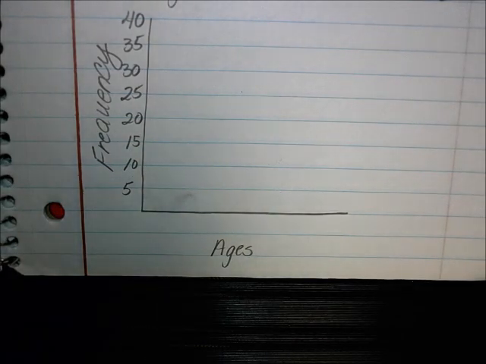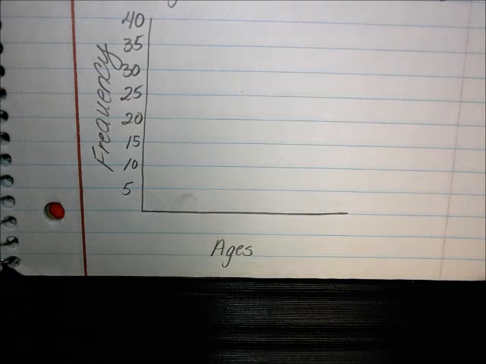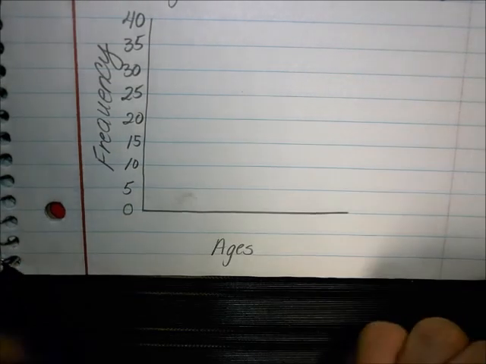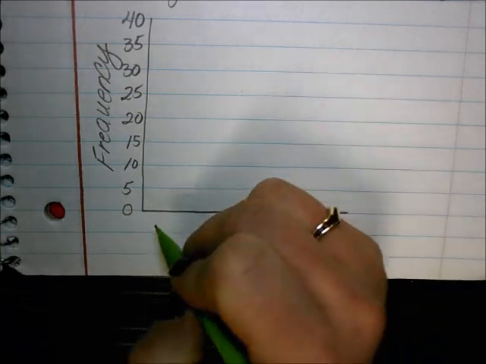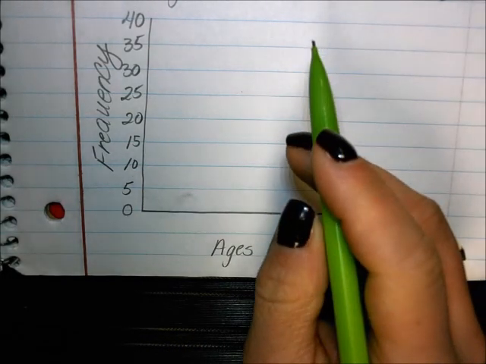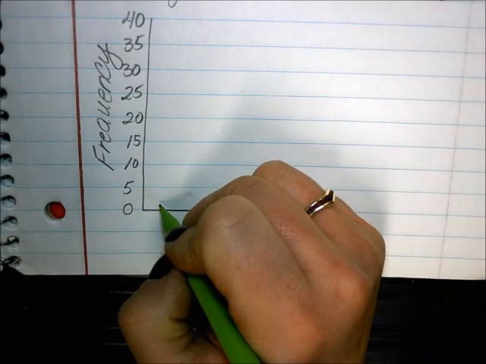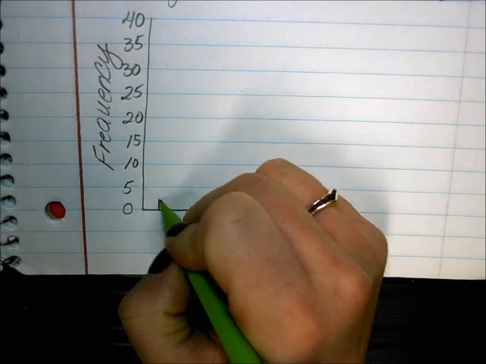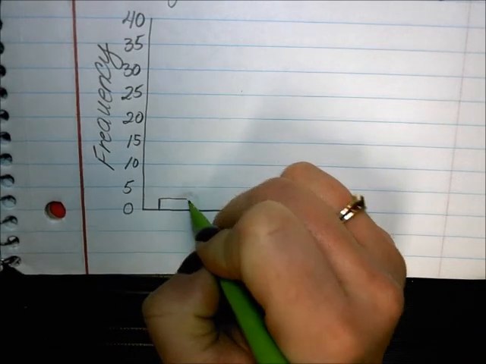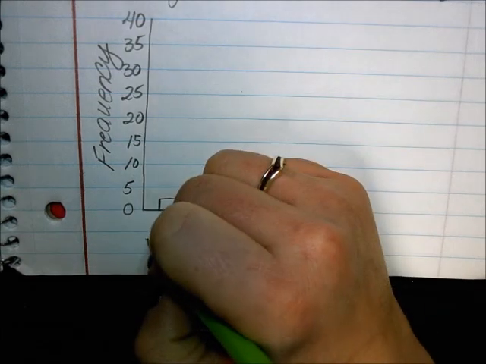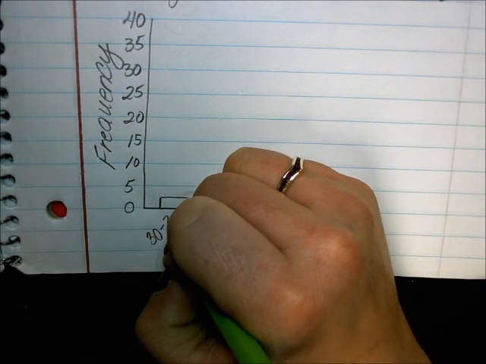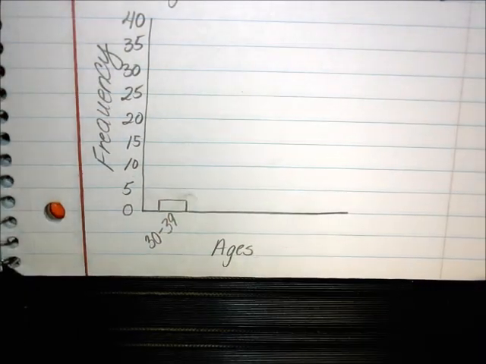Because remember, not only do the intervals have to be the same width, but so do the bars, because that's what they're representing. So if I do my first category is 30 to 39, and there's only 2 of them. So I'm going to go maybe about that high. And don't forget, you got to label this. This is 30 to 39-year-olds.